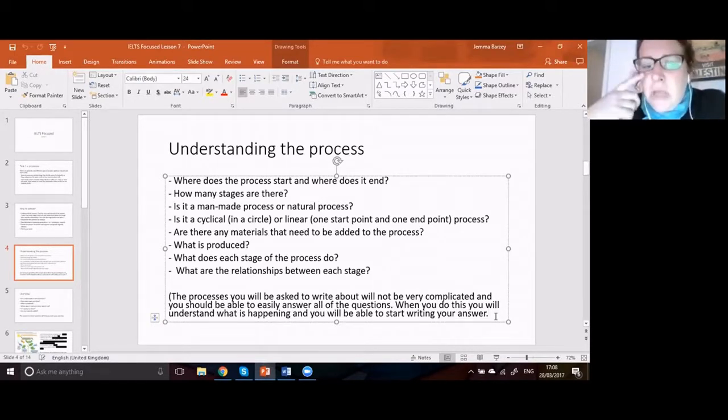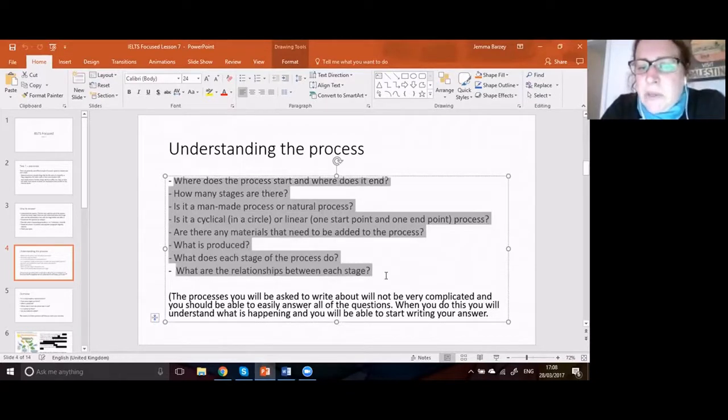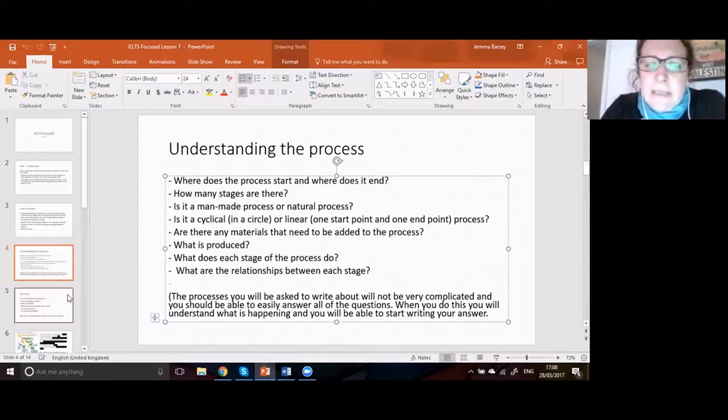So, as I said, the processes shouldn't be that complicated. You should be able to understand them quite well. Whether or not you can write about them is a different matter. But it's supposed to be able to be understood by someone who's a band 3 and someone who's a band 9. Okay, so everyone has the same opportunity. But what you want to think about are all these types of questions which will help you understand the process, to help you begin planning and to begin writing.